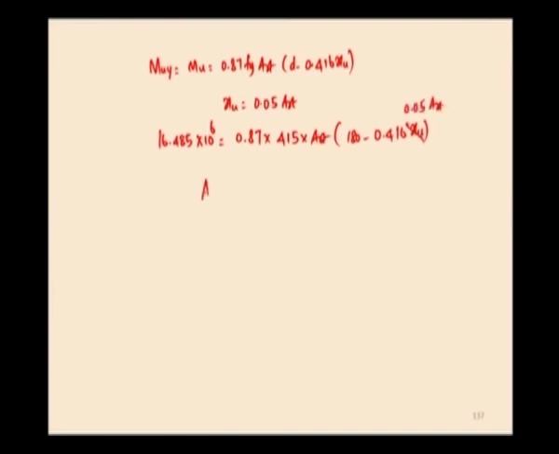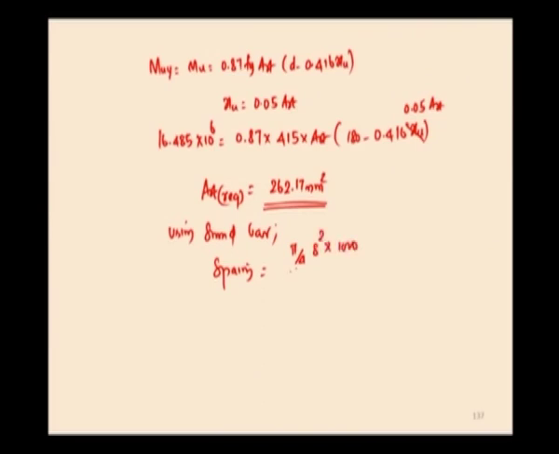So by solving the quadratic equation from this expression, I get the minimum root as 262.17 millimeter square as the AST required. So here I am using 8 mm diameter bar. Spacing of bar I get here it is pi by 4 into 8 square into 1000 divided by 262.17, that is equal to 191.73 millimeter.